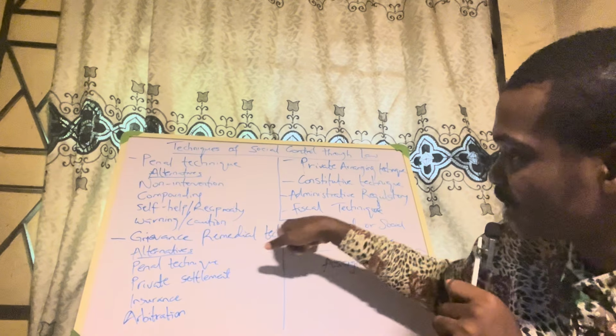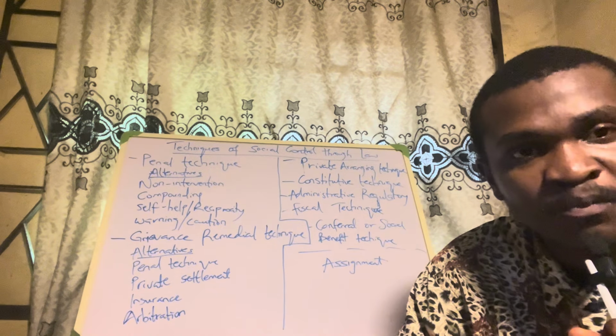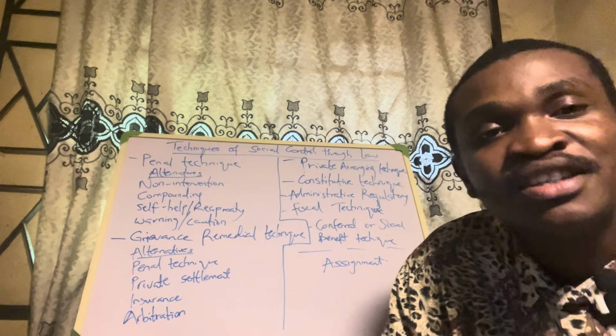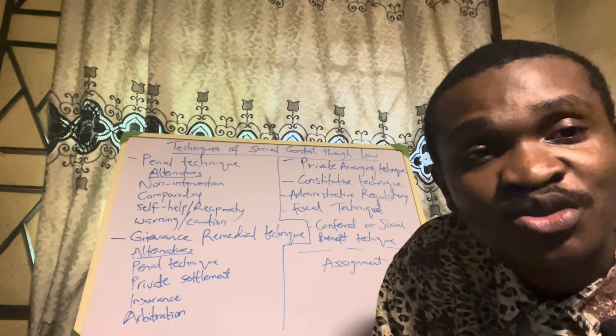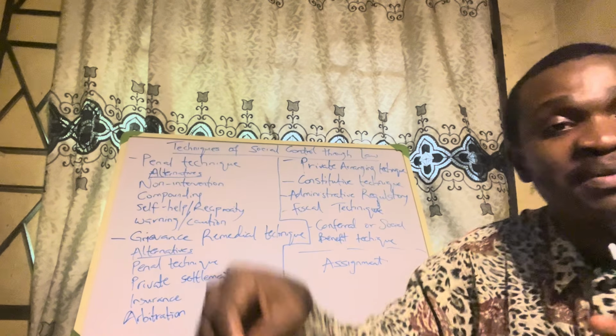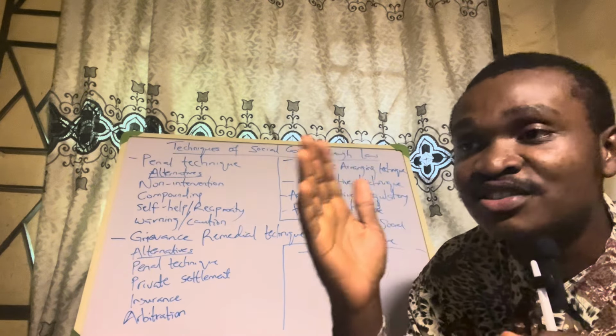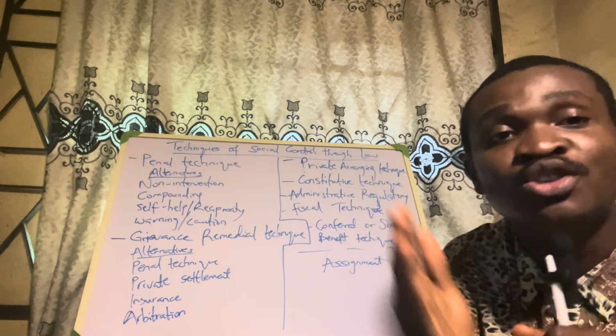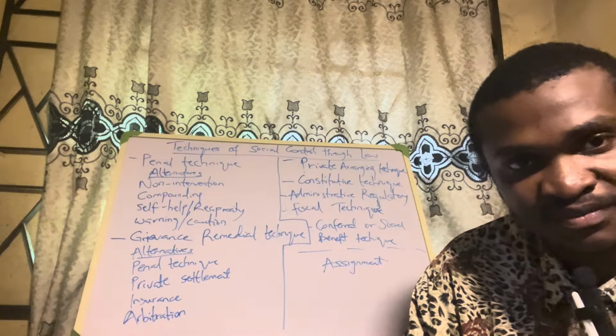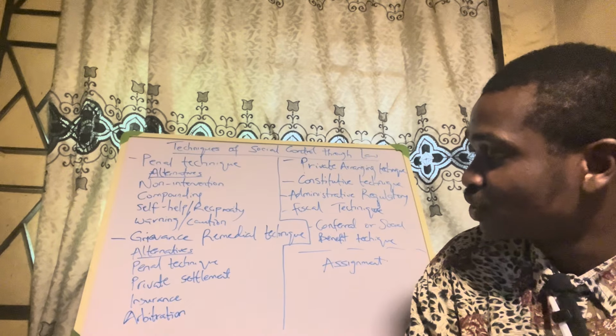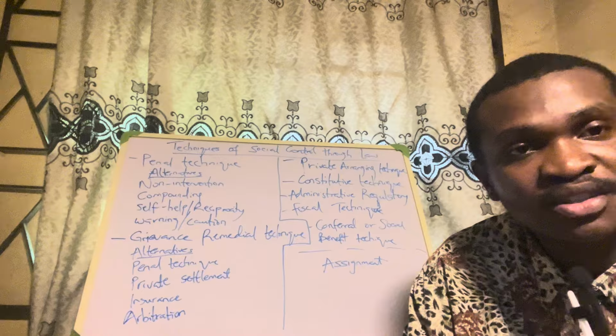So, grievance remedial technique, civil law, even from the name, grievance. You have something that somebody has done to you so bad. Remedial, the person is supposed to give you compensation, a remedy, in order for you to be compensated. So that is just it.